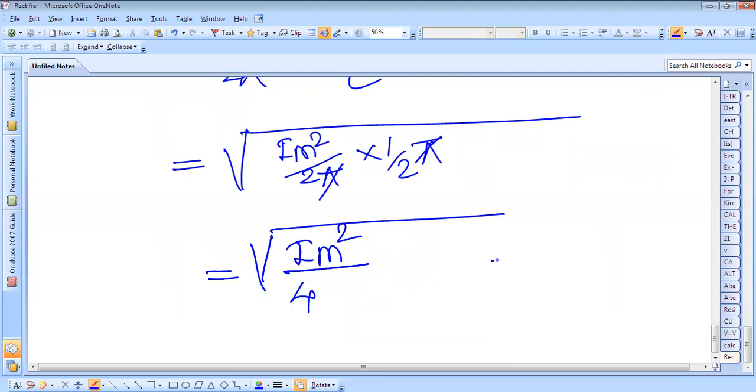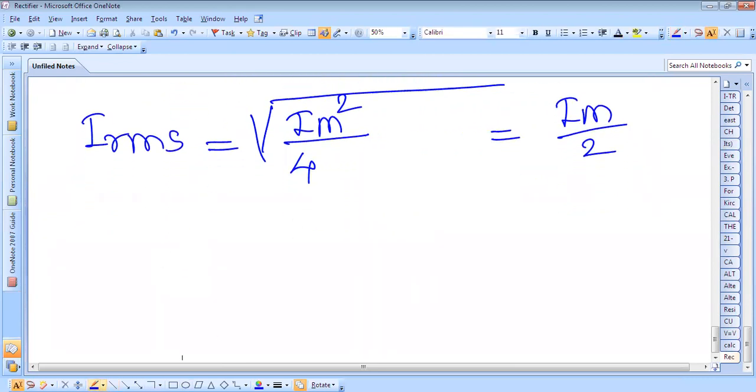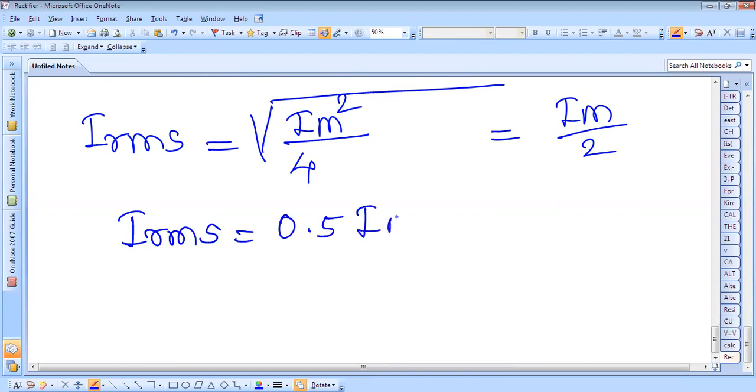Therefore we get Im by 2. So IRMS is equal to Im by 2, which is 0.5 Im. This is the RMS value of the current.